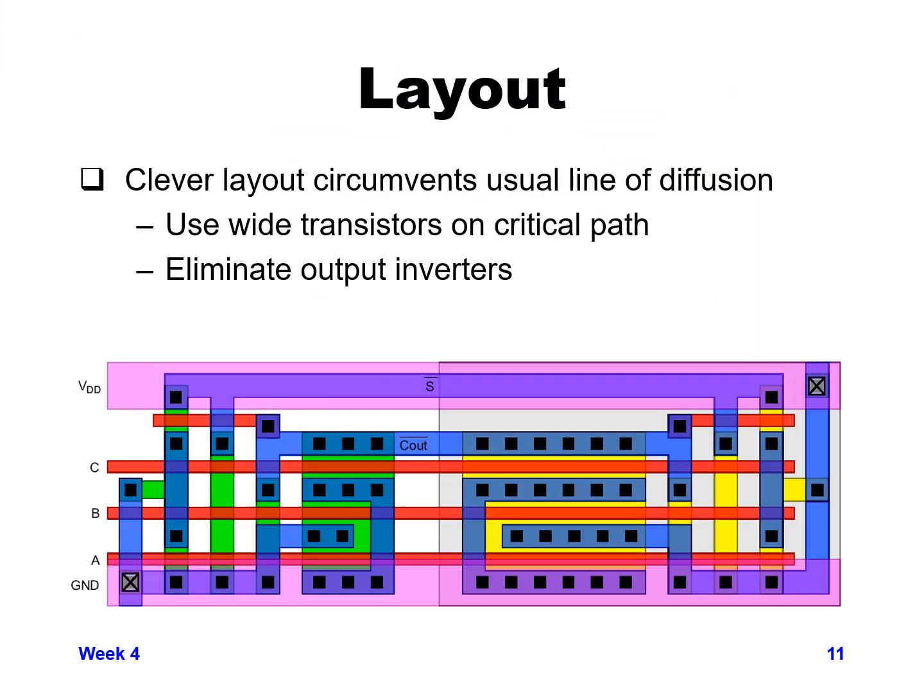So this is showing the clever layout that I mentioned from the previous foil, just showing a color version, and basically just explaining it a little bit differently. Again, mentioning how it's using wider transistors, so the really wide green NMOS and the really wide yellow PMOS here.